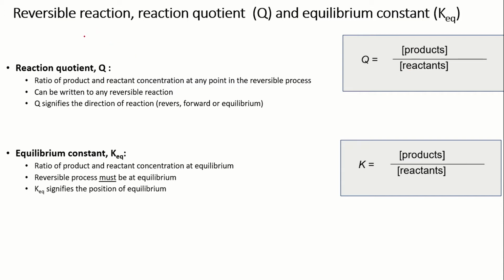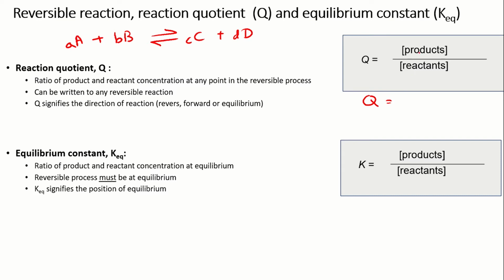Let's say we have a hypothetical reaction or process. You have the two reactants, and then you have the forward process and the reverse process. You have the products. And think of these simple letters as the stoichiometric coefficients. So how do you write the expression for reaction quotient Q?